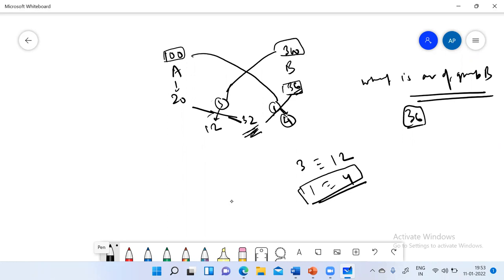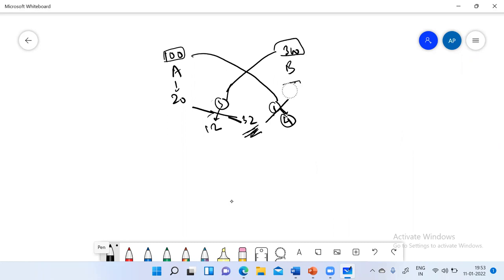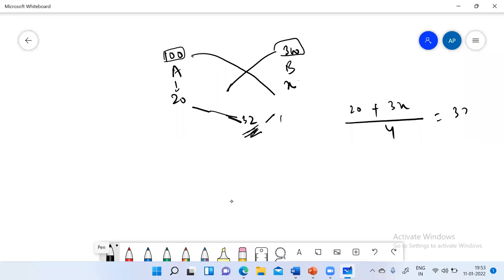So see, the thing is, all these questions we could have done the normal way also. If we had considered the average value of B as x, then we know that (20 plus 3x) divided by 4 is equal to 32.